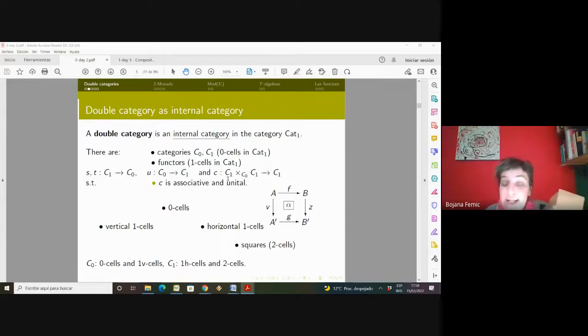Good. And now the composition functor. What does it mean, this pullback? See that pullback is defined on C1. So that's this category of horizontal one cells and squares. So imagine that beside this square alpha, we have another one in the horizontal direction. So like this.